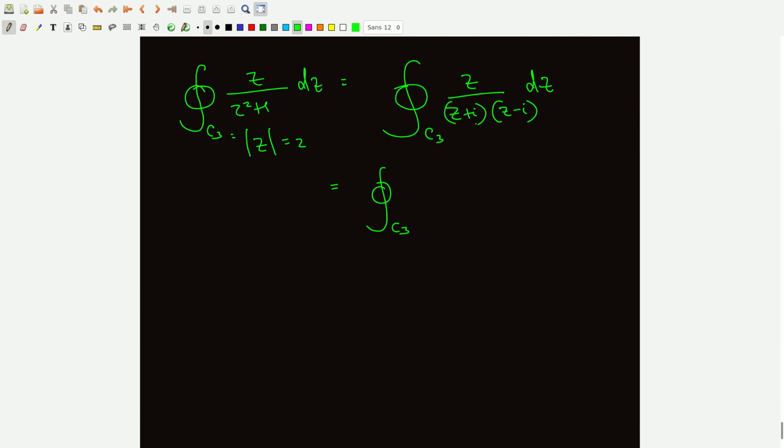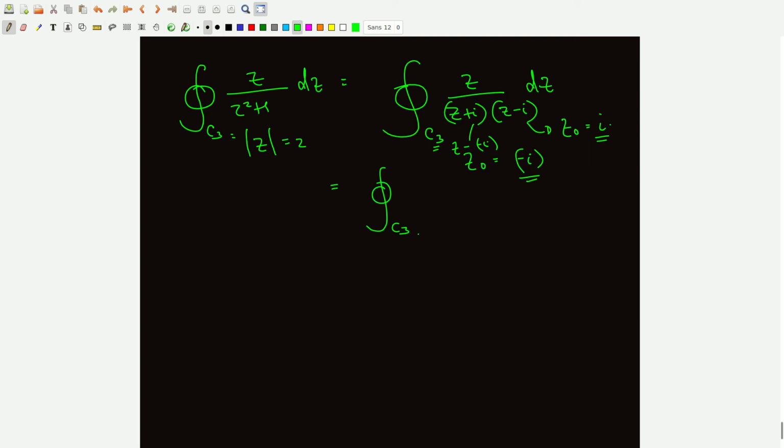We'll just leave it like that, because we have that both this point here, z0 equals minus I, because we can write this as z minus (minus I), and in this case our z0 is just I. Both of these make the whole function, z over (z plus I)(z minus I), non-analytic inside C3.